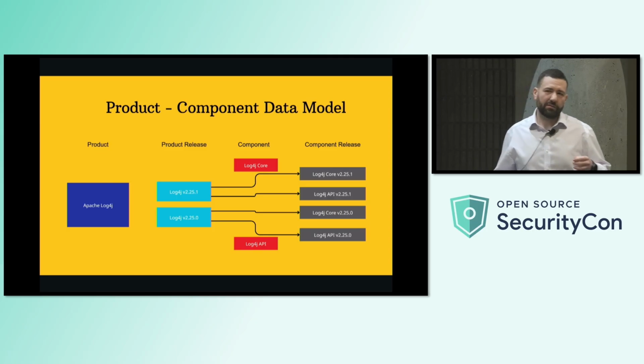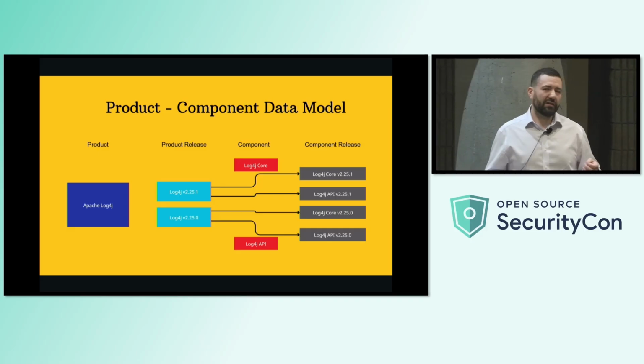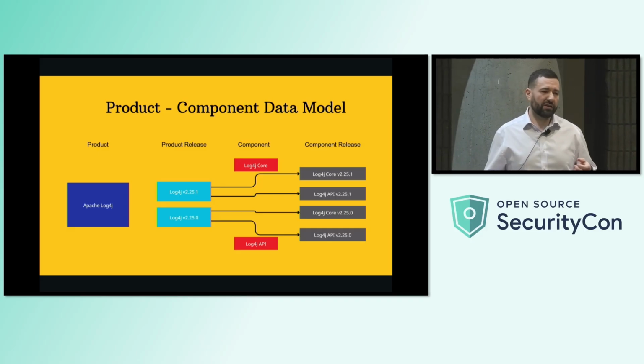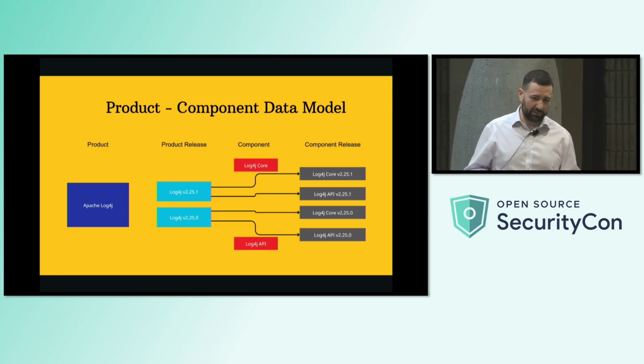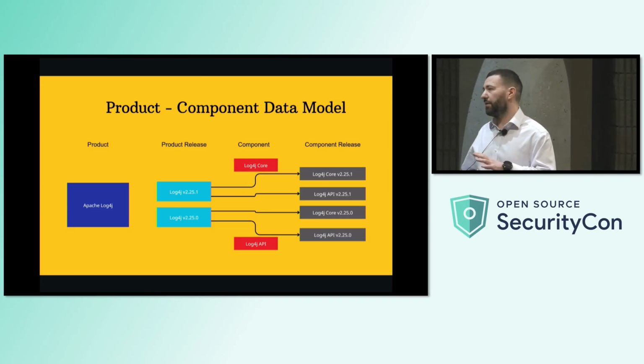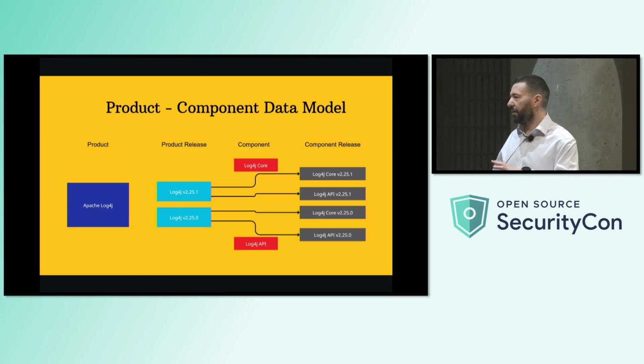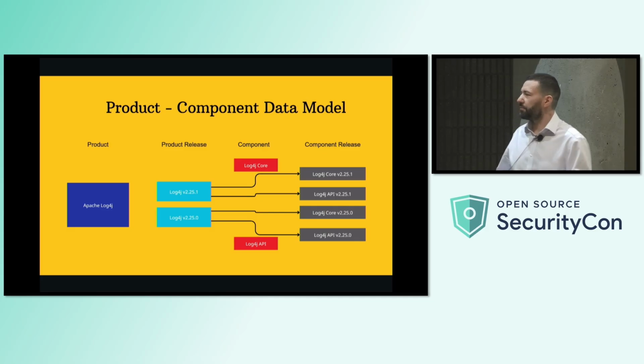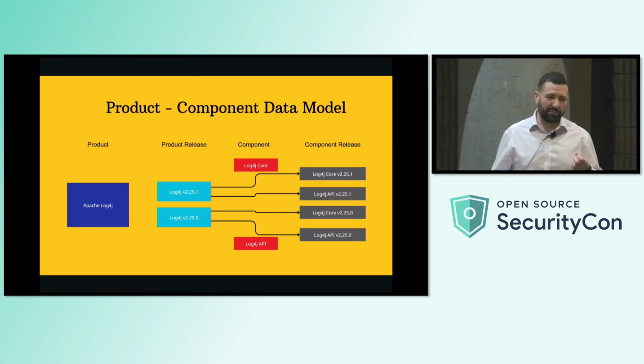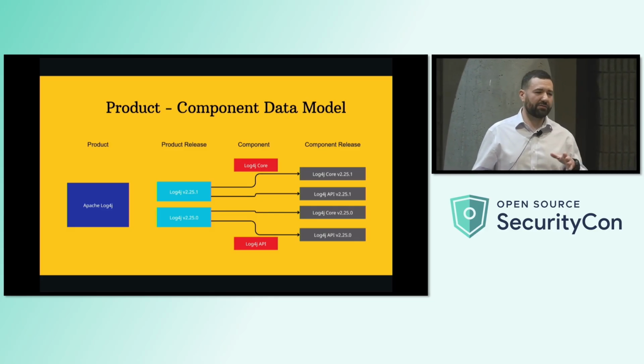But then, as we understand, this product release actually contains several components. But let's take it one way deeper. The idea is pretty simple, that the mapping is actually happening on the level of product release to component release, not component directly.